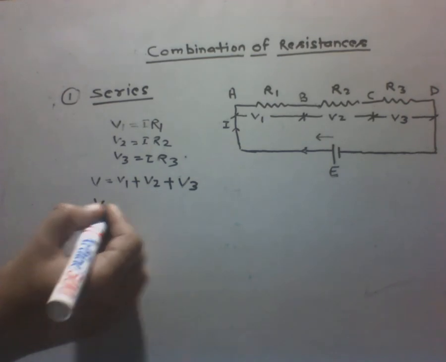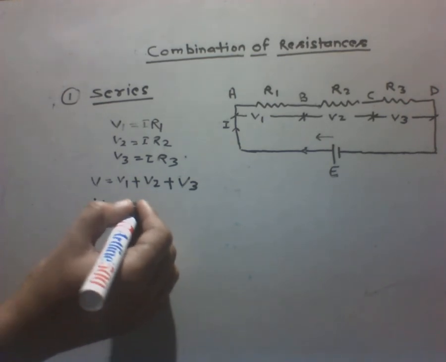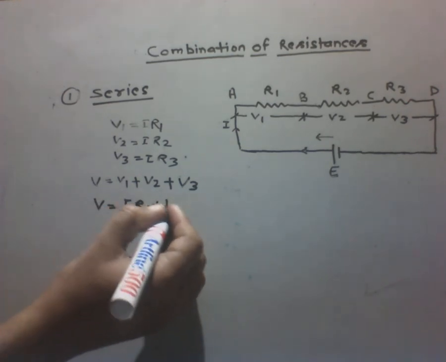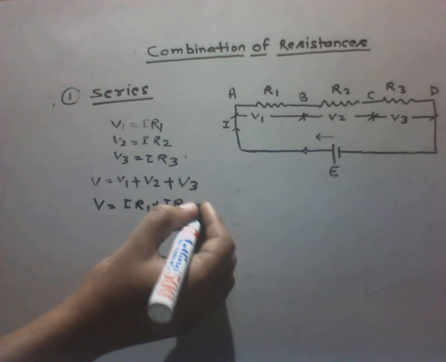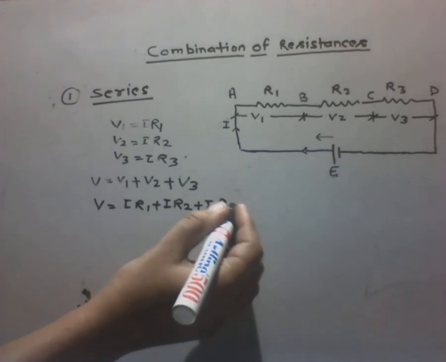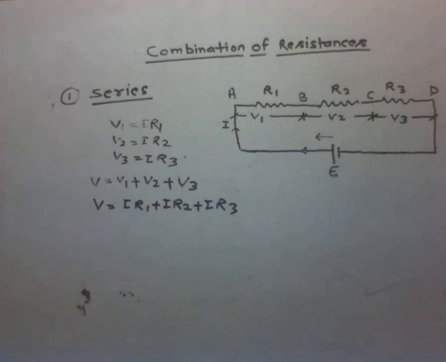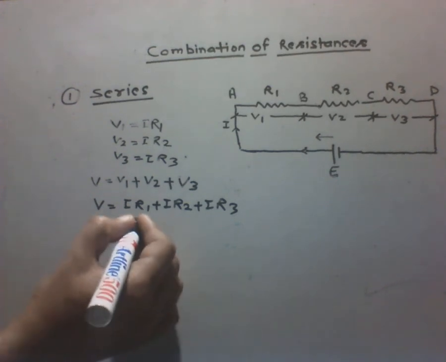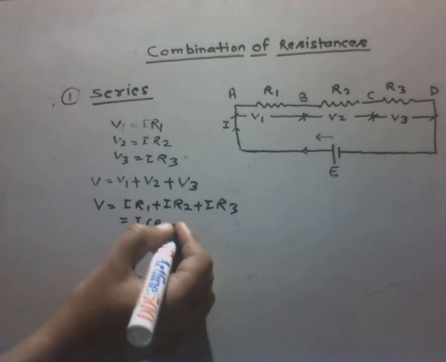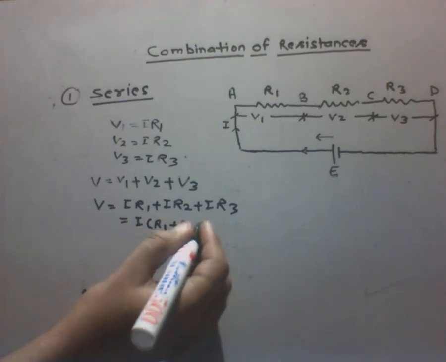meaning V is equal to IR1 plus IR2 plus IR3, or I(R1 plus R2 plus R3).